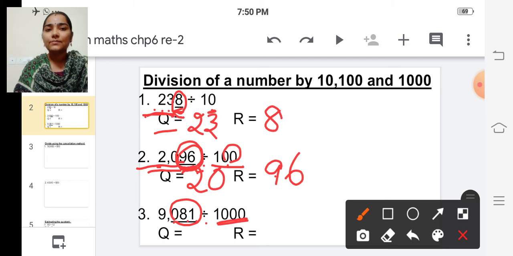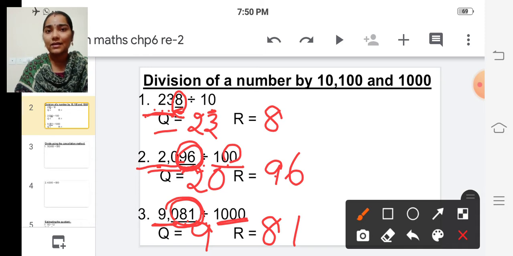So in this, the ones, tens and hundreds digits will be 081. So 81. So the remainder is 81. And the remaining will be the quotient. So what are the remaining digits here? Only 9 is there. So 9 is the quotient. Okay, children? Is it clear? So without dividing, we can directly write the answer. Okay?